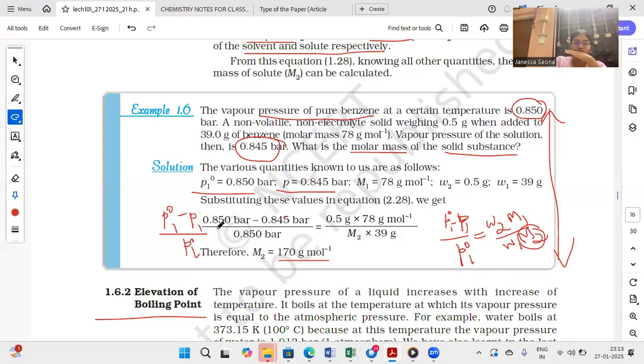Substitute: (0.85 - 0.845)/0.85 is equal to, then W2.